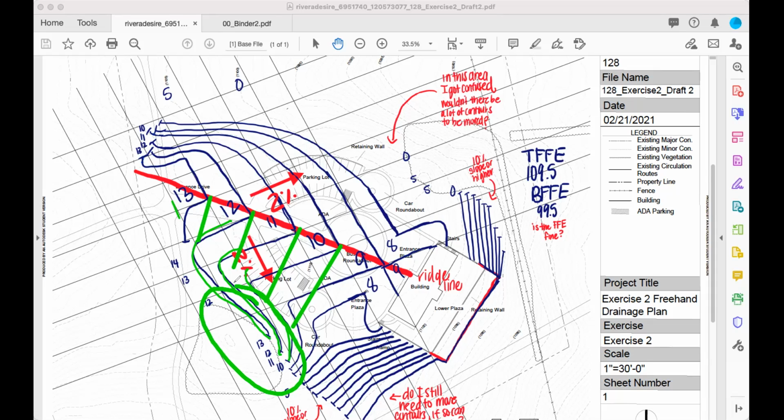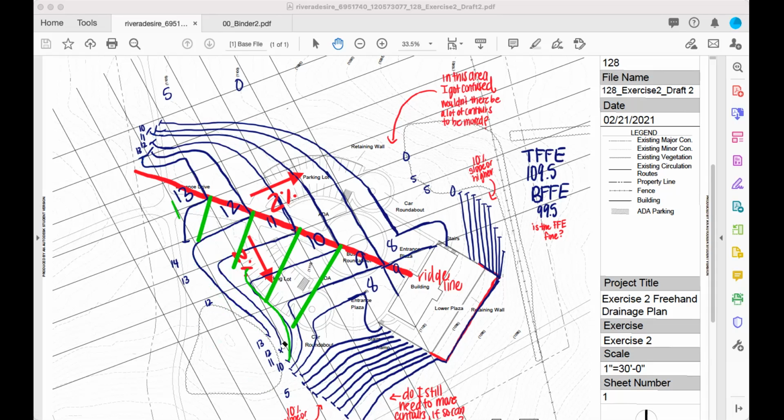If you do have an issue in this area in terms of exceeding the slope, or not having enough space for a swale, which it does seem like you are running out of space for the swale.